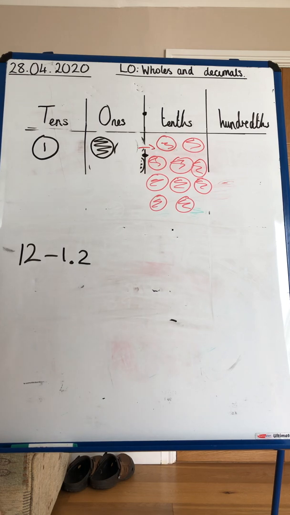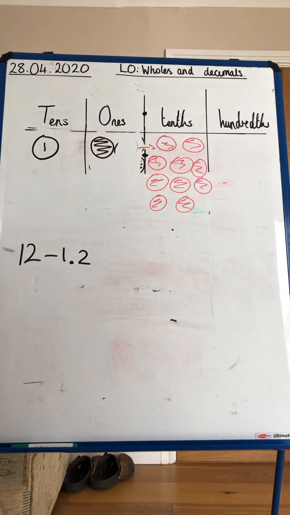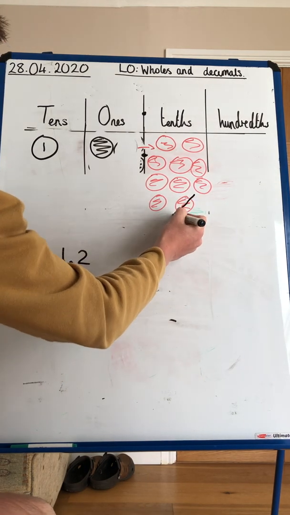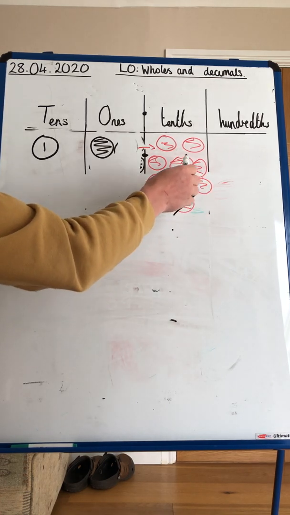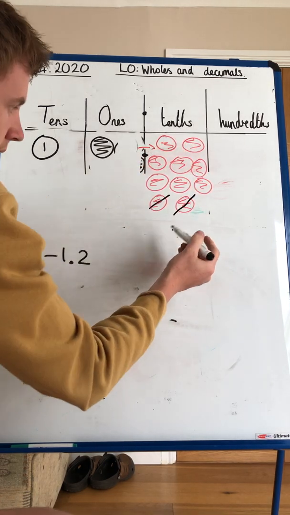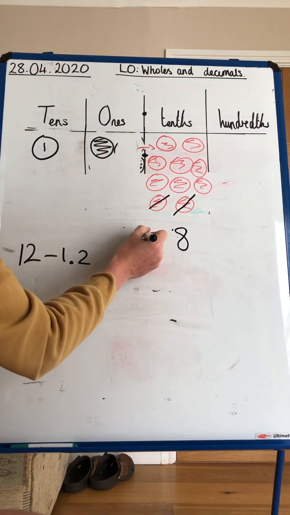Now, it was 12, take away 1.2. So I now have 1 ten, 1 one and 10 tenths. So 10 tenths, take away 2 tenths. I can do that, so I'm just going to cross that off, okay? And I now have 1, 2, 3, 4, 5, 6, 7, 8. I have 8 tenths left. I'm going to put my decimal point there.